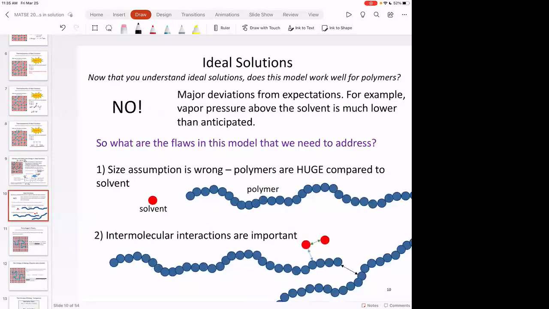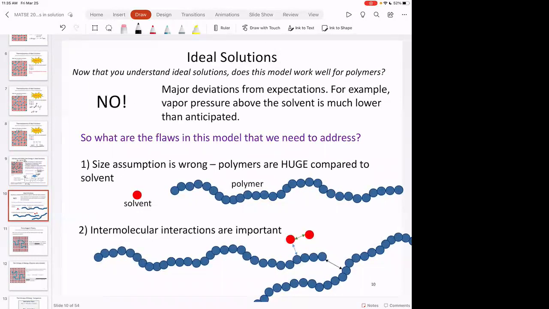All right, so we don't care that much about solutes and solvents in this class because we really care about polymers. And so the question is, are polymers ideal solutions? And the answer is no, they're not ideal solutions because we violate the two assumptions, right?